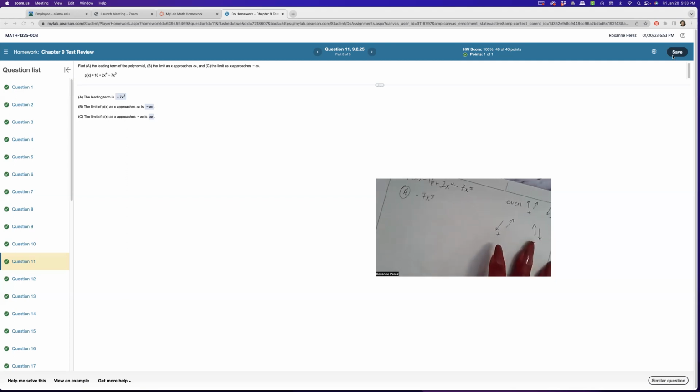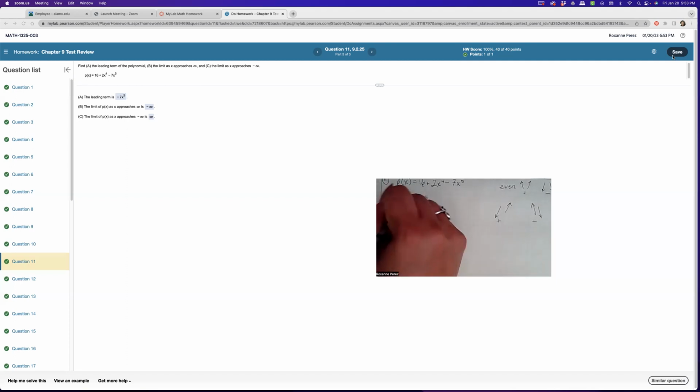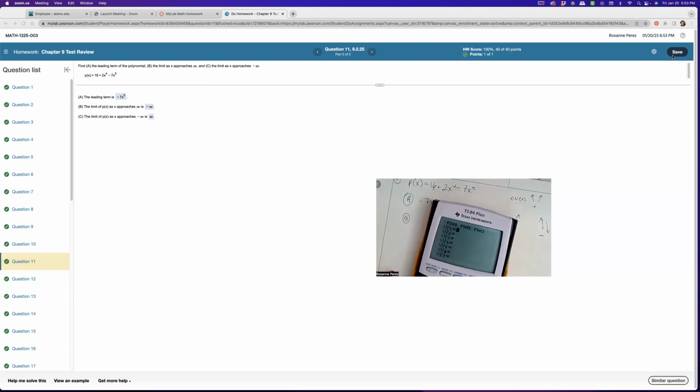And we're going to see this once we graph this function as well, okay? So then part B is asking for the limit of the function p of x as x approaches positive infinity. So what we want to do real quick is go ahead and graph this function again.